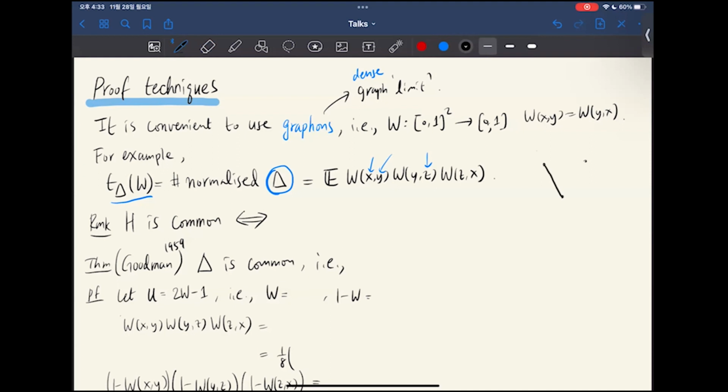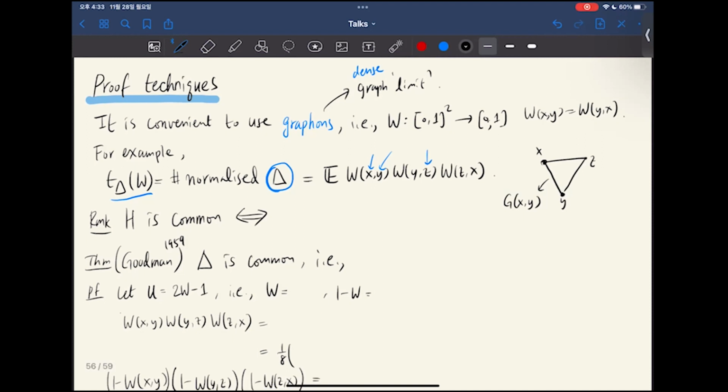So here I've got x and y, and z and x. And what I want is all of these edges to exist in the large graph so that I have a triangle like this. If I replace the existence of each edge by an indicator function g(x,y), say, then I will have something like this.